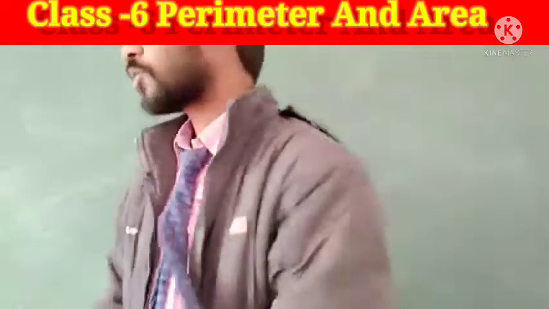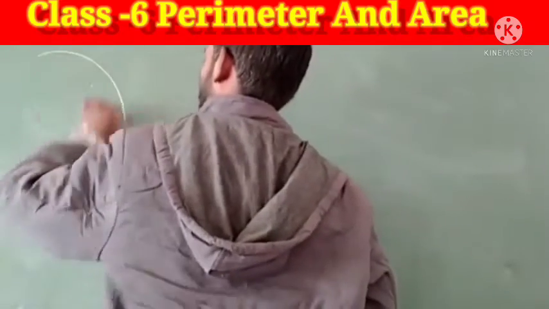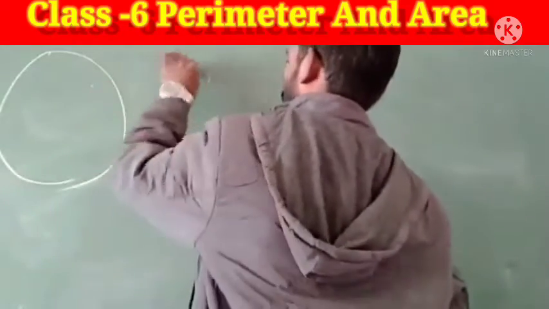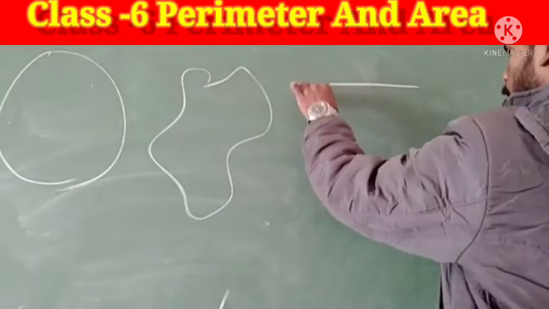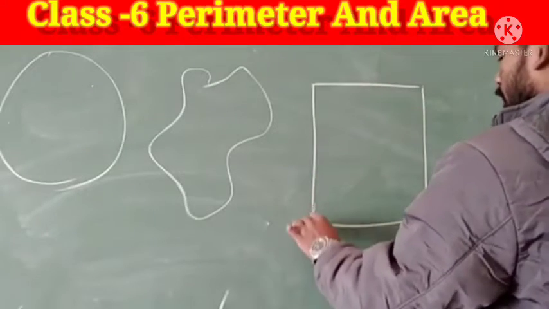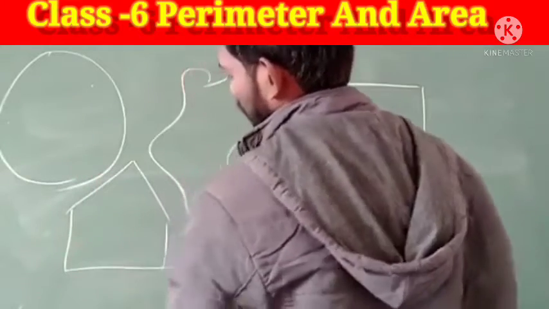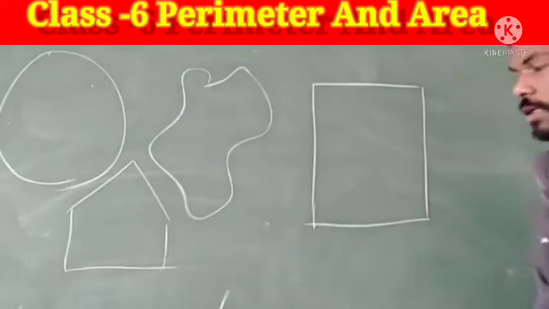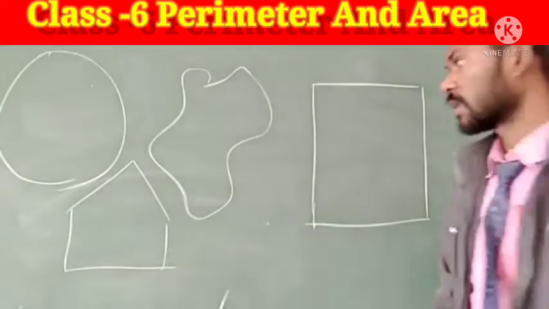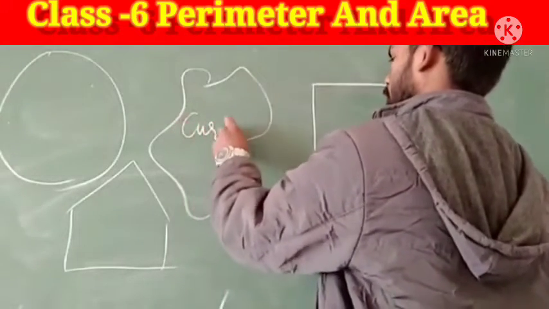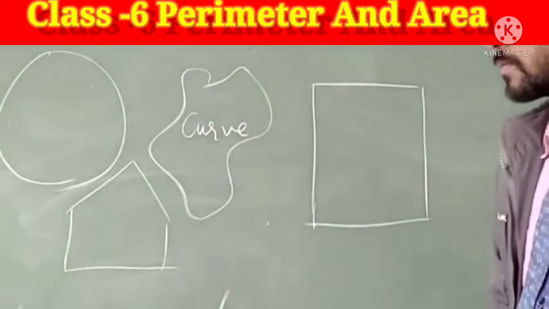Here, if I draw some figures like a circle or any irregular figure and a polygon, that is a quadrilateral or any polygon, then one thing is common, which is the curve. Curve is common in all figures.